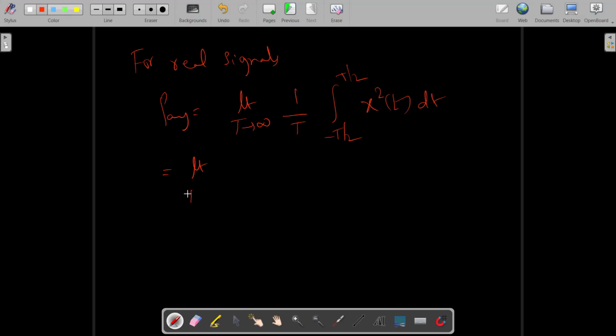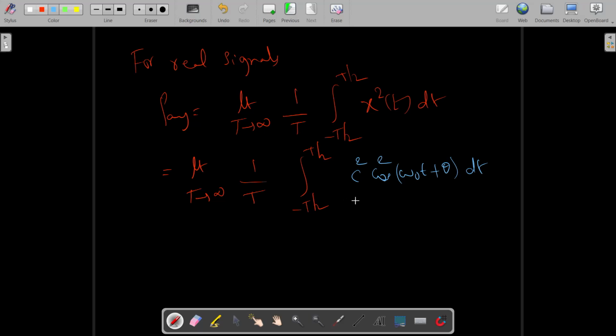Limit t tends to infinity 1 by t, integral from minus t by 2 to plus t by 2. What is x of t from the previous page? It is c cos(omega naught t plus theta). If you square this, it is going to be c squared cos squared(omega naught t plus theta) into dt.